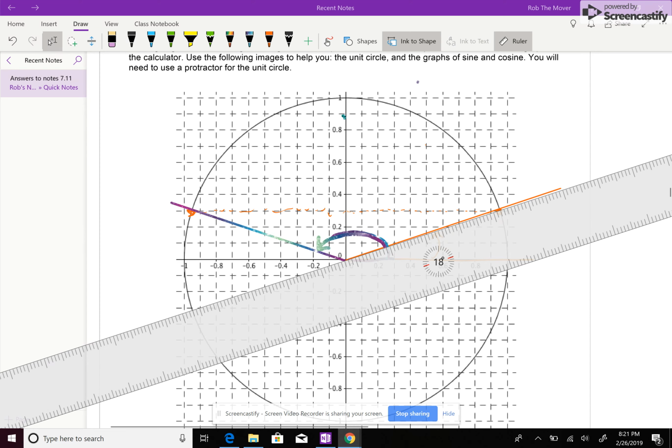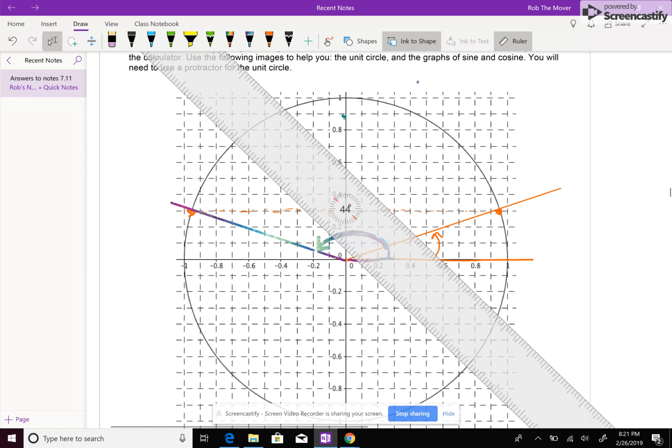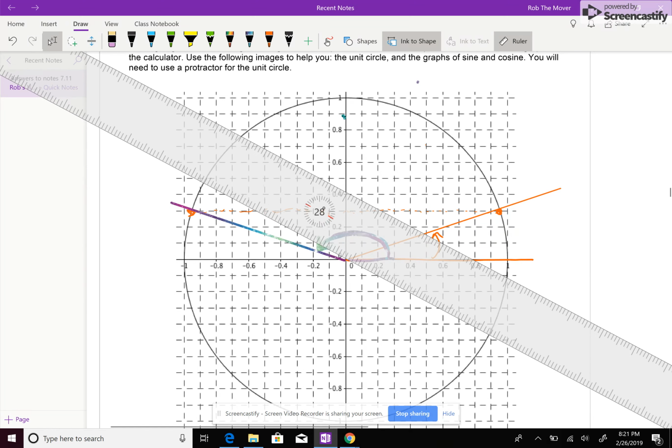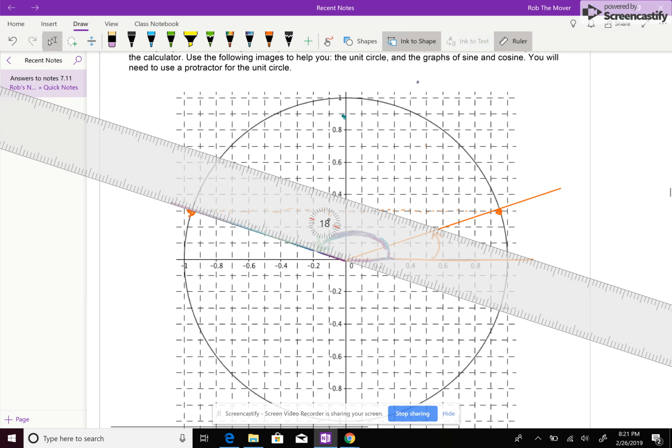So anyway, we've got an angle. You'll notice here that this angle crosses the unit circle at about an 18-degree angle, okay? So one of the angles is going to be 18. If I rotate it all the way around, you could guess probably what that is, right? It's 18 degrees.